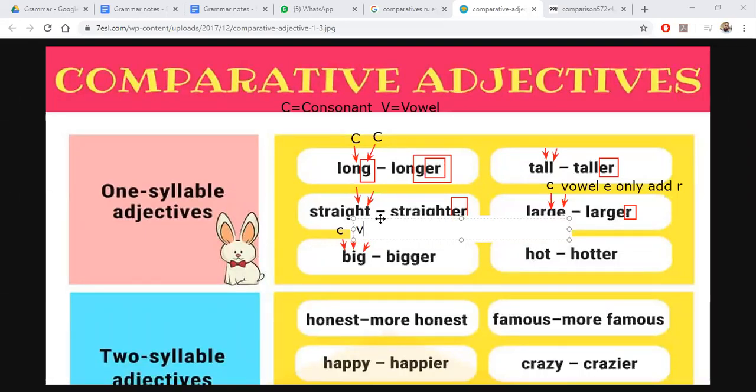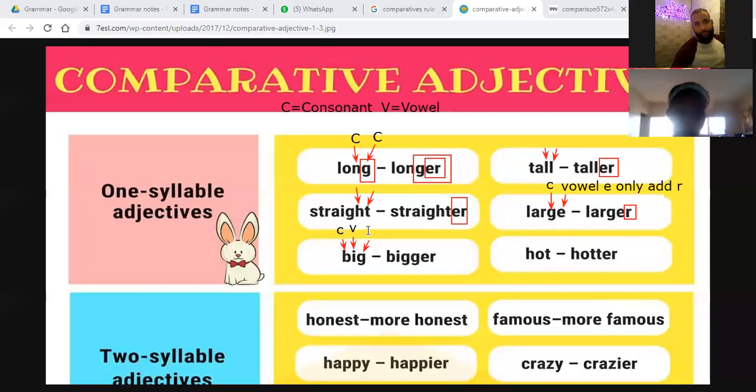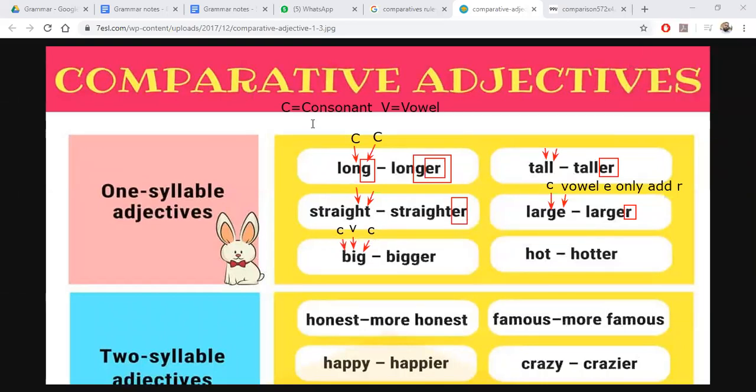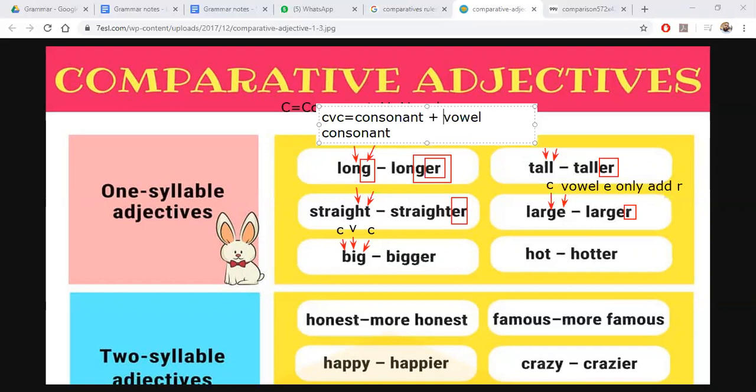Remember the CVC, consonant plus vowel plus consonant. This is going to be very important for you because you're going to use it a lot.